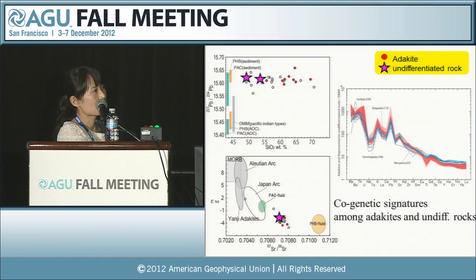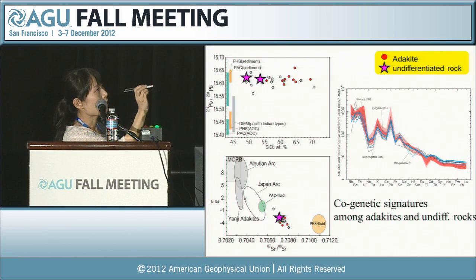We also found co-genetic signatures among adakites and undifferentiated rocks based on trace element and isotopic compositions.